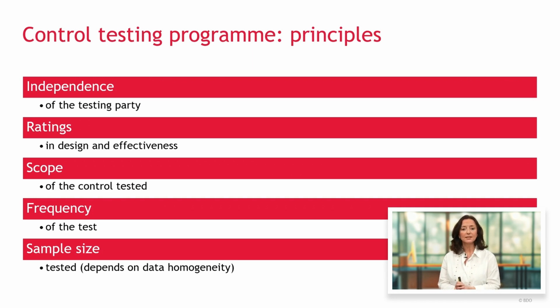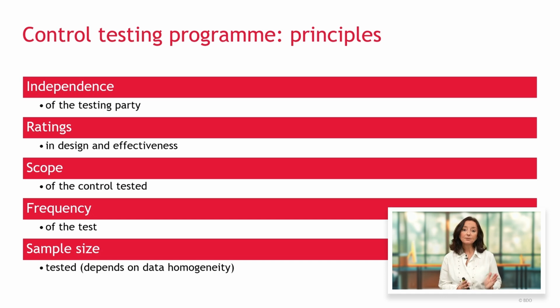You have lots of organizations, especially in the financial industry, who have such departments. Controls are rated in design and in effectiveness. If the design is poor, there's no point testing the effectiveness. Redesign your control. The scope of the control tested needs to be defined.